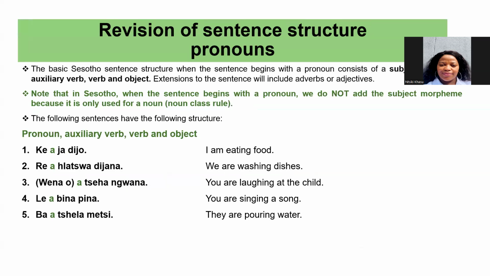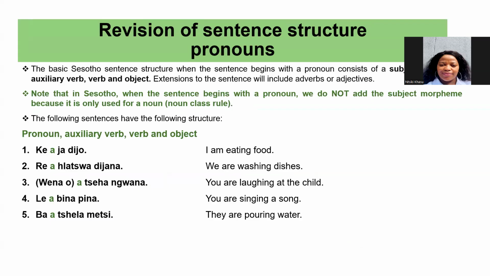Then, if we look at the basic Sesotho sentence structure, when a sentence begins with a pronoun, it does not consist of a subject. Why don't we have the subject morpheme? Because there is no subject in the sentence.